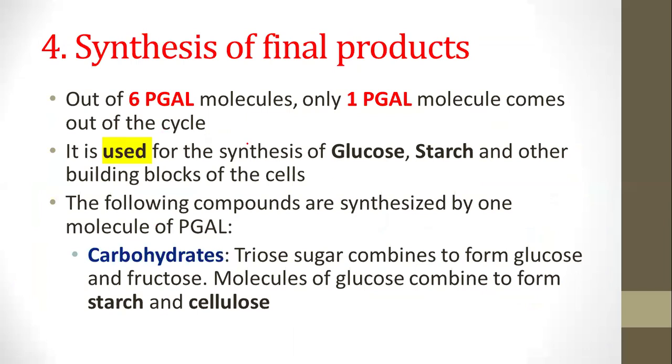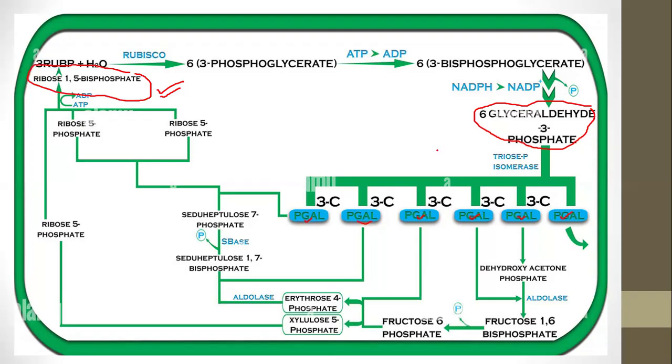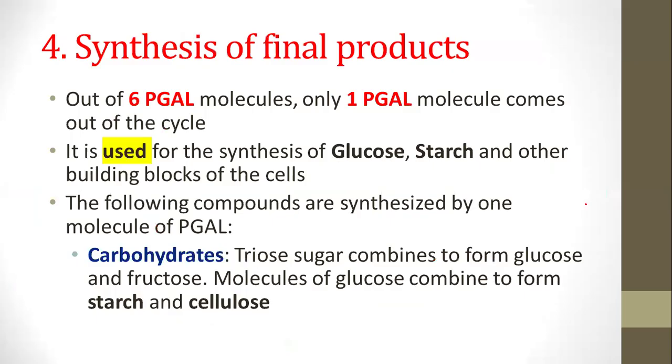The fourth step is the synthesis of the final products. In the fourth step, out of 6 PGAL molecules, only 1 PGAL molecule comes out of the cycle. That is responsible for the synthesis of different types of biomolecules, such as glucose, starch, and other building blocks of the cells.